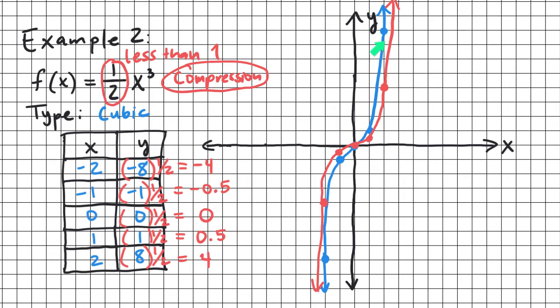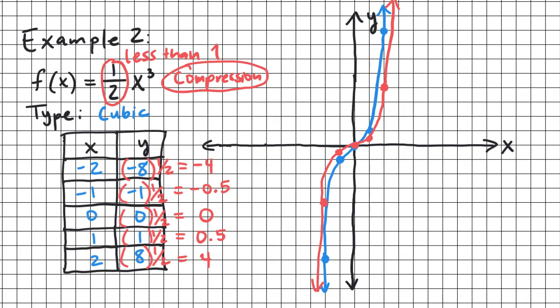So what's half of 8 steps? That's 4 steps. So instead of the graph going up 8 steps, it goes only up 4 steps. Same thing down here. Instead of going down 8, it goes down 4. Same thing here. Instead of going down 1 step, it goes down half a step. Instead of going up 1 step, it goes up half a step.